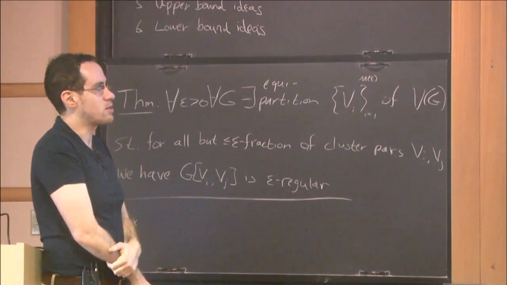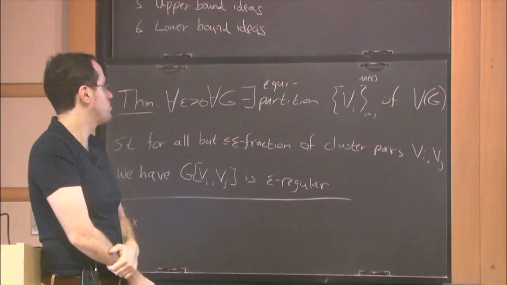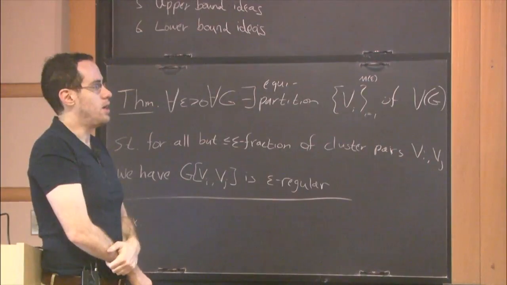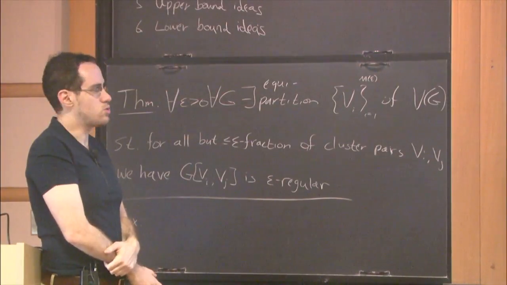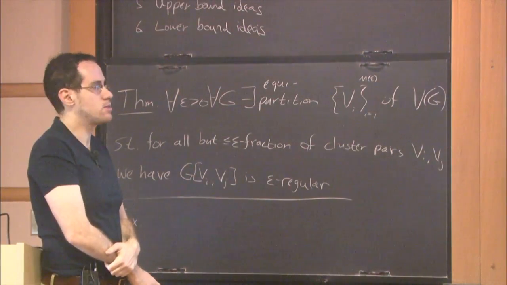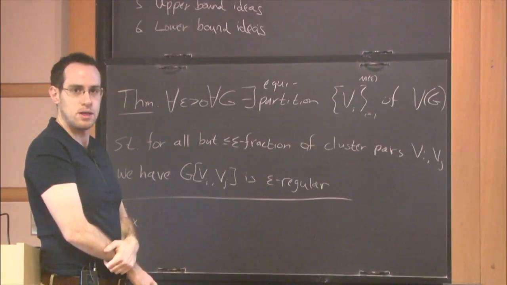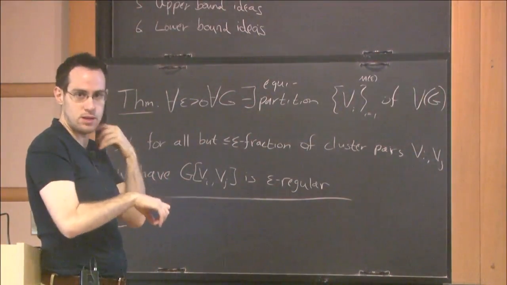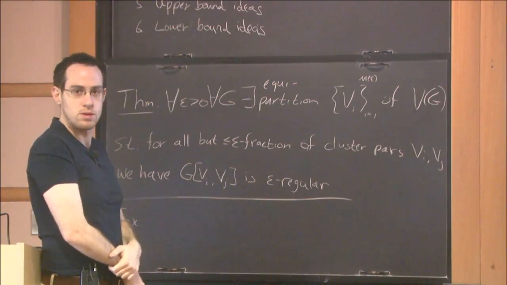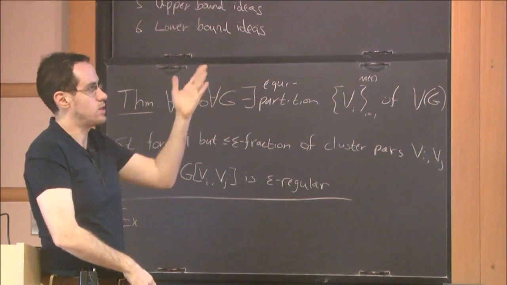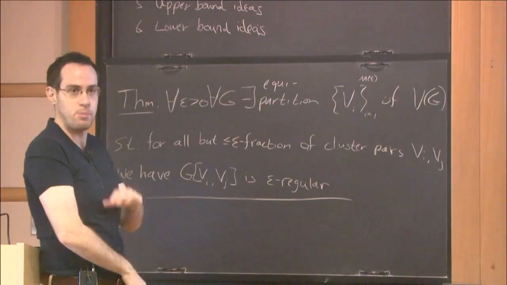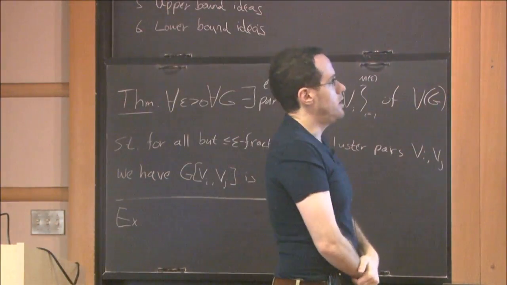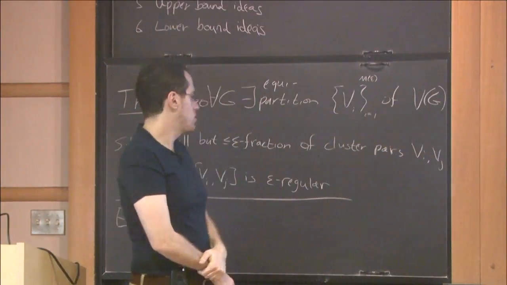For this to be non-trivial, you at least want this partition to have at least 2 parts, for example. And it's customary to require that the partition has at least, say, 1 over epsilon parts. In this way, the total number of edges lying within clusters is small, so you might as well ignore them, and the guarantee of regularity applies to basically most of the graph. Okay, but I will ignore this tiny point.